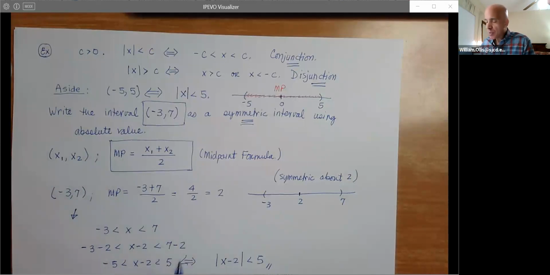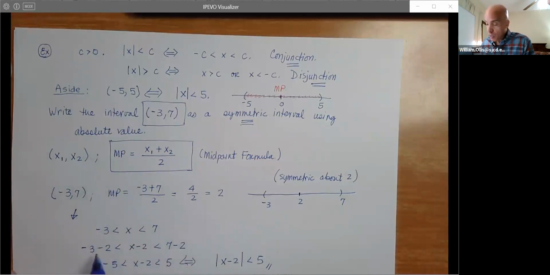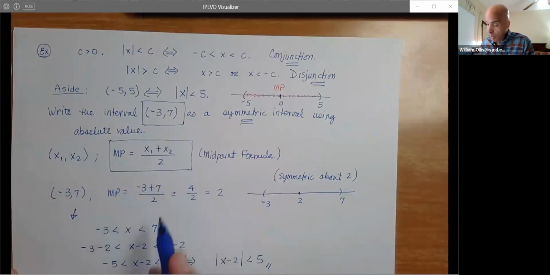Now, I know that this might be a little bit new to you, so you're going to have to think about this, but just remember, do the midpoint and then do the computation of subtracting the 2 throughout. That is, whatever you get here for the midpoint, this is what we subtract everywhere.